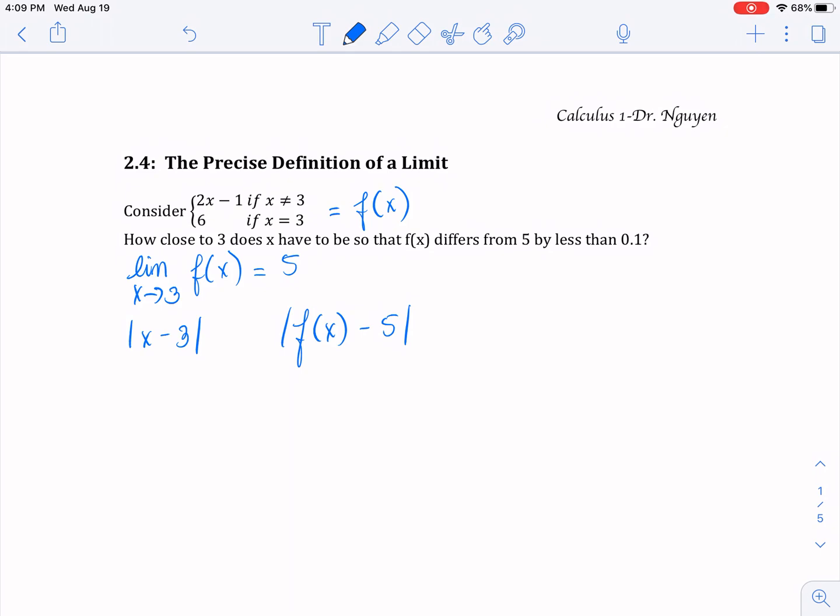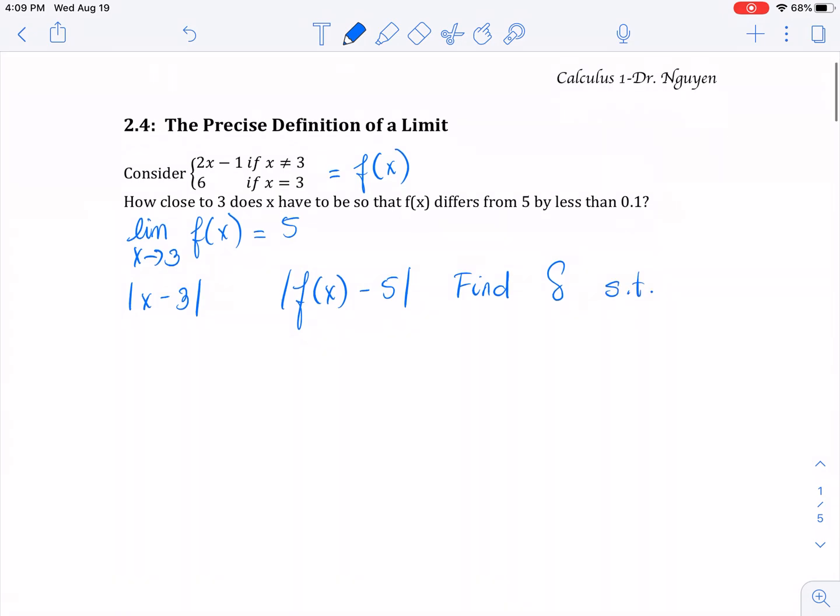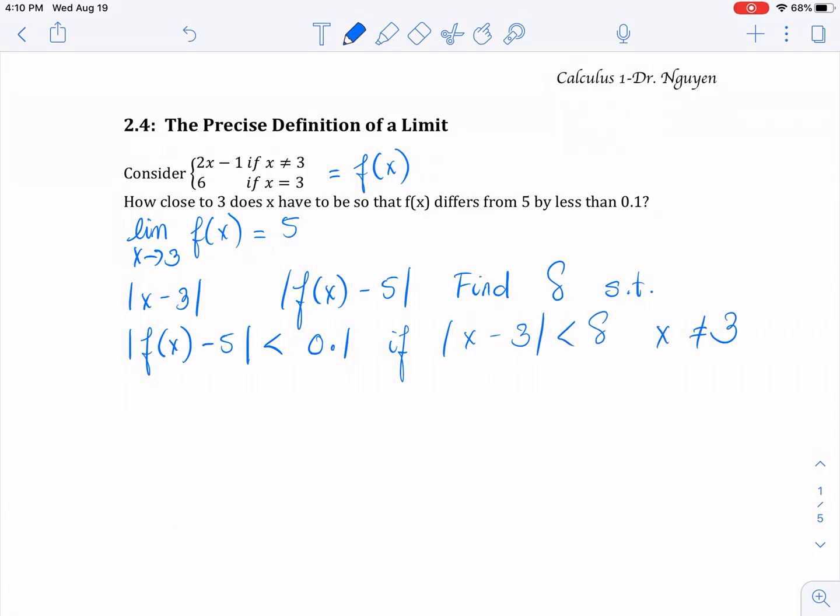So the problem is we need to find a delta such that |f of x minus 5| is less than 0.1 if the distance from x to 3 is less than delta, but x is not 3.